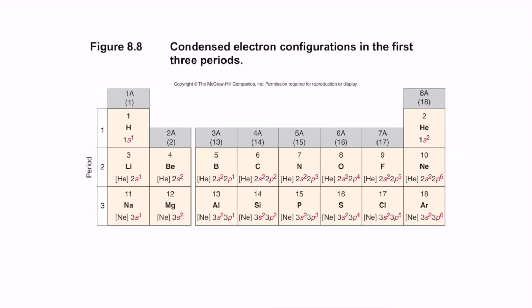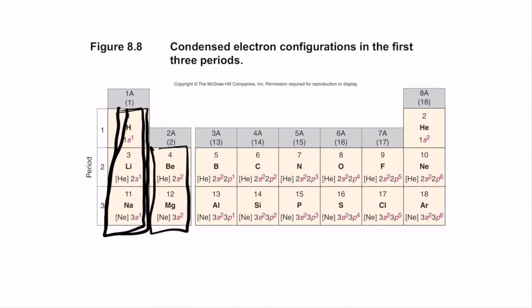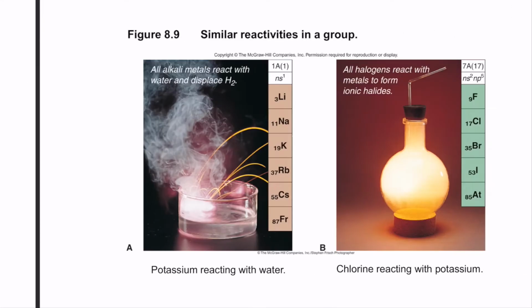The term outer electronic configuration means, for example, that this group has only one electron in the s orbital, and this next group has the second electron, so they have the same s2. Here they have the same s2p1, here the same s2p2. This shows the first three periods, with the condensed electronic configurations and the similarity in their chemical behavior. Because their electronic configuration is similar, their chemical behavior is also nearly similar.